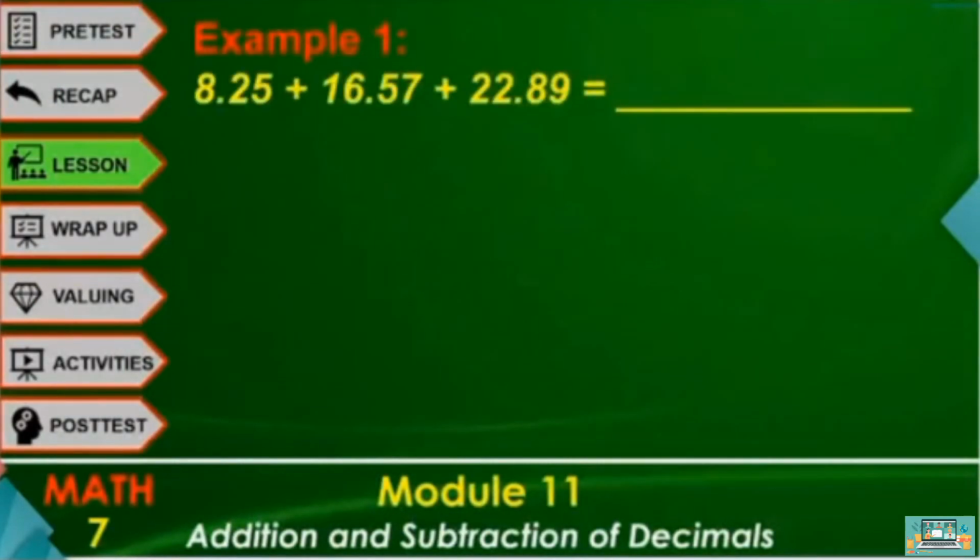8 and 25 hundredths plus 16 and 57 hundredths plus 22 and 89 hundredths is equal to blank.